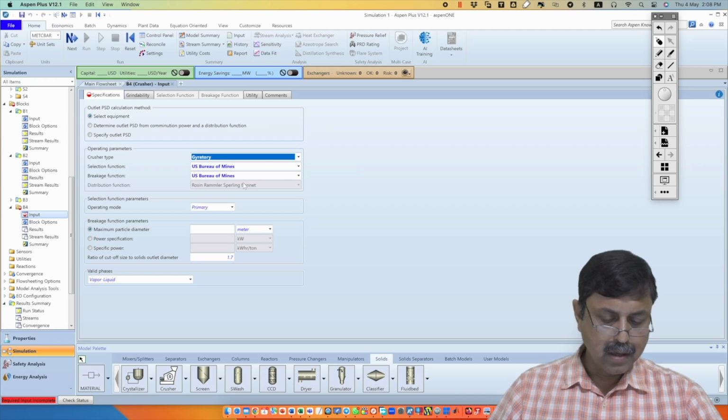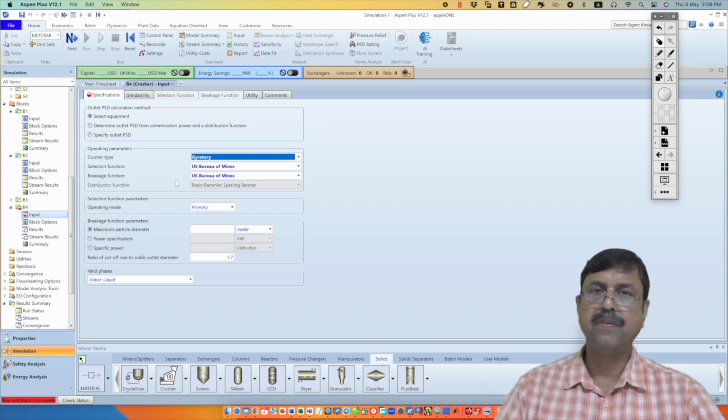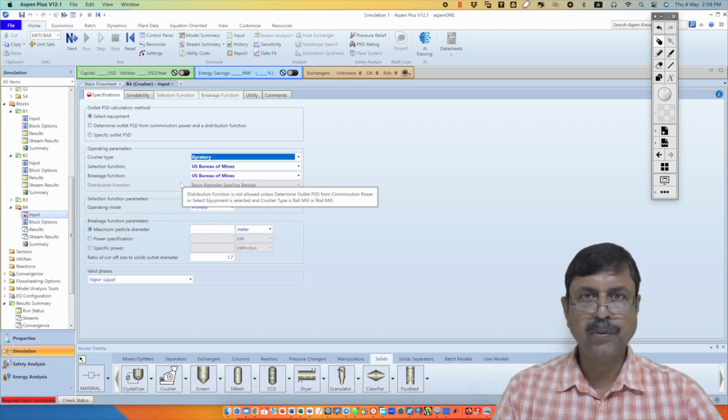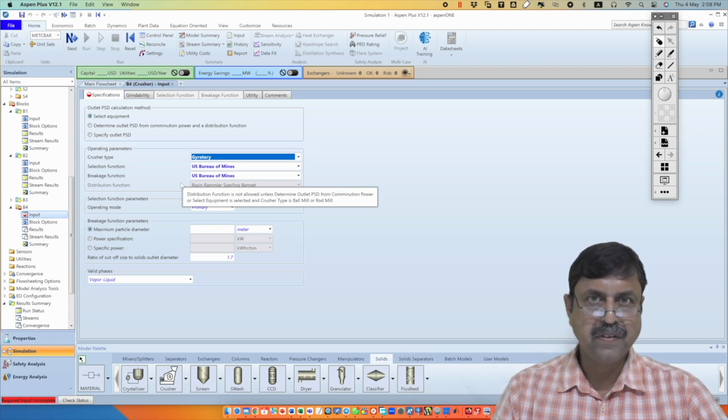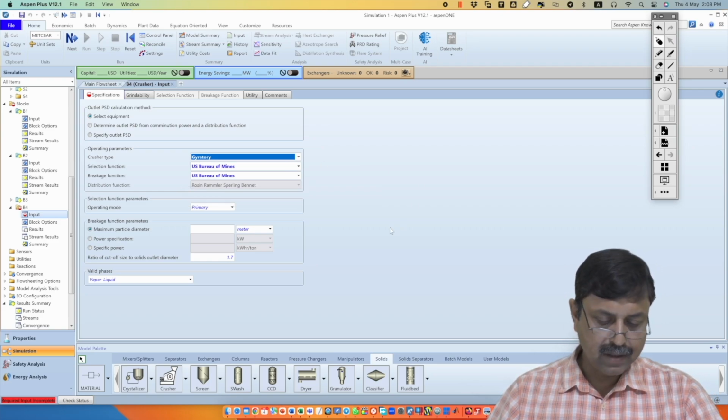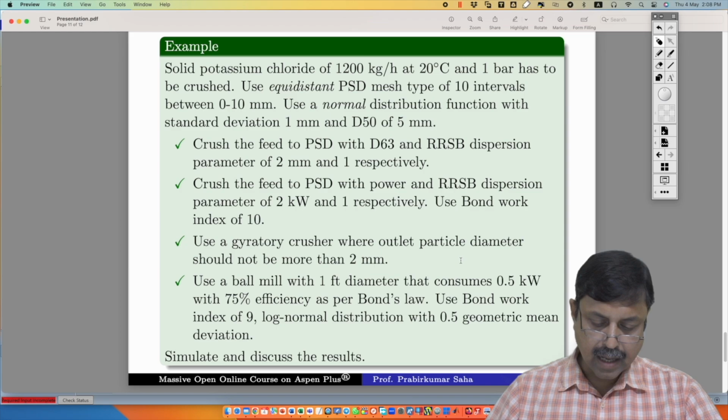Yes. So selection function and breakage function, we do not have any user specified data. So let us use the standard US Bureau of Mines selection function and breakage function. Now the only information that has been given to us is the outlet particle diameter should not be more than 2 millimeters.